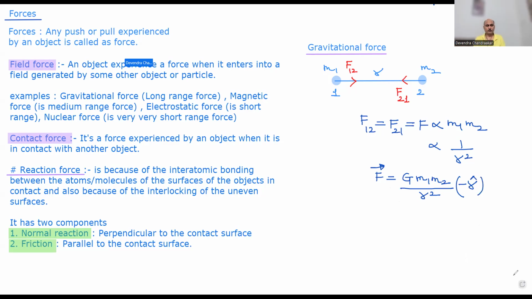Now, what is this r cap? I'll explain this to you first. Pay attention, honestly. भाई ध्यान से सुनना है. If this is an object, then the radial outward direction is considered positive.